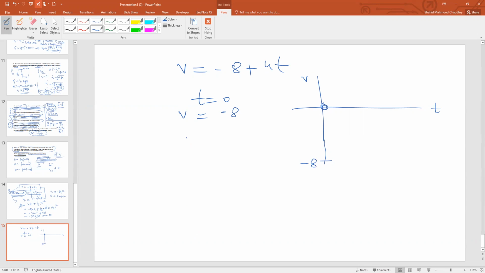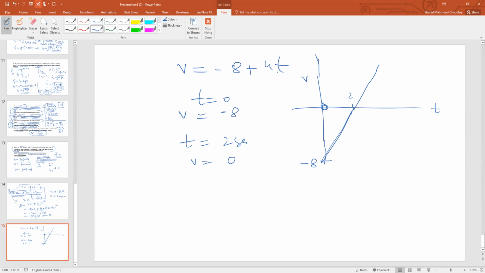If T is equal to, suppose, 2 seconds, V is equal to 0. It means if here is 2 seconds, then this line will be like this one. If I increase the time further, then it will go up.